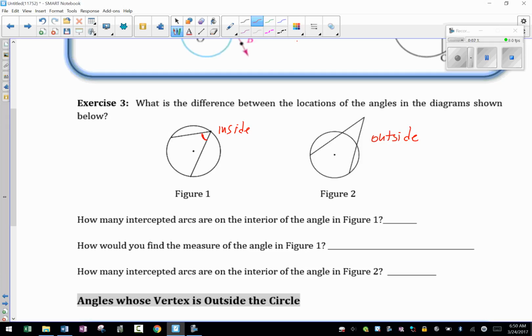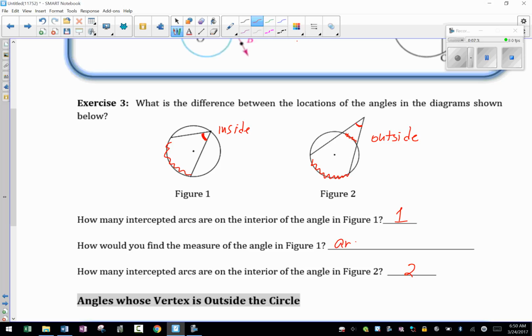Inside here, we've got this little angle that is eating this arc. There's only one. But when I have an angle outside, there's 2 arcs. There's this guy that's almost swallowed, and there's that guy being eaten by the arc on the outside. Okay, so there's 2.